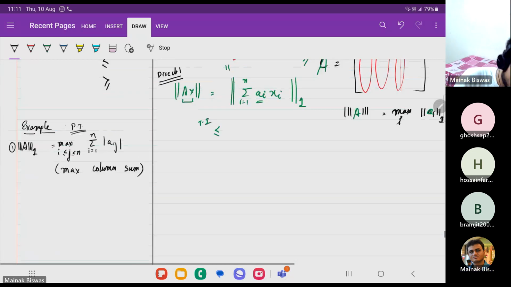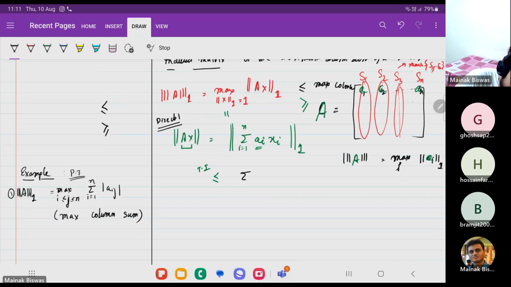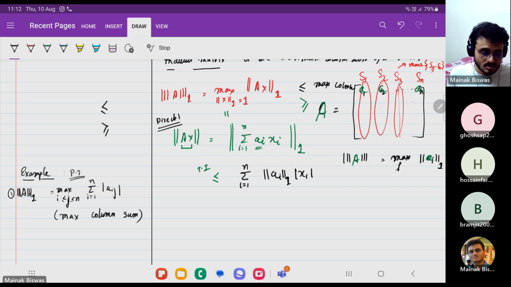Okay, sum over i equal to 1 to n. Right or wrong? Correct? Triangle inequality, yes. I have just used that the norm of x plus y is less than or equal to the norm of x plus the norm of y.